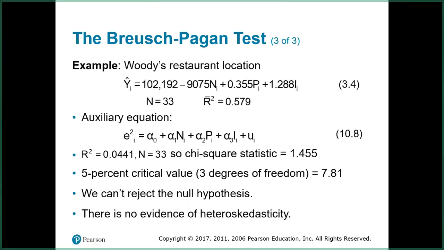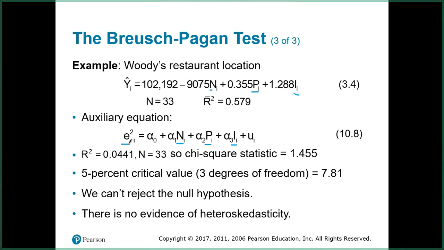Here's an example using the restaurant example that we've used all semester. So we're predicting restaurant sales based on the number of competing restaurants, the population, and the income of that population. We run that regression, and we generate residuals. The auxiliary regression, the regression that's going to do the Breusch-Pagan test, then puts number of competing restaurants, population, and income of the area as the explanatory variables for the residual squared.